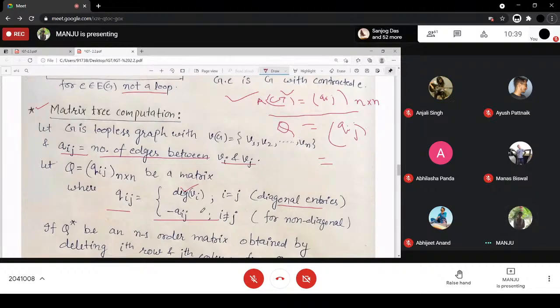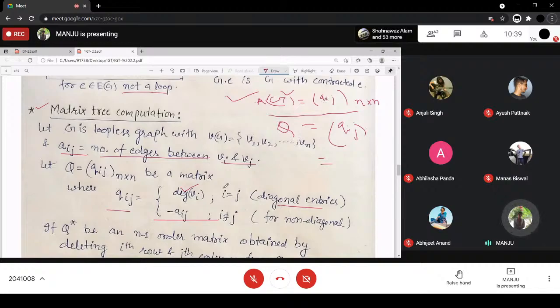Clear? So finally, you got this Q. You can write this AG or not.